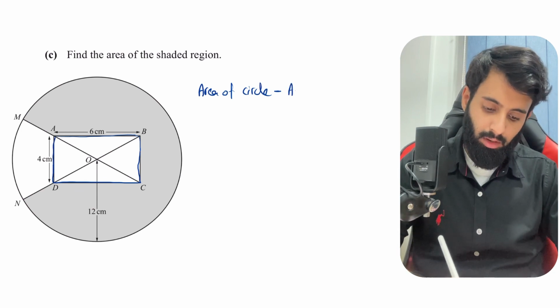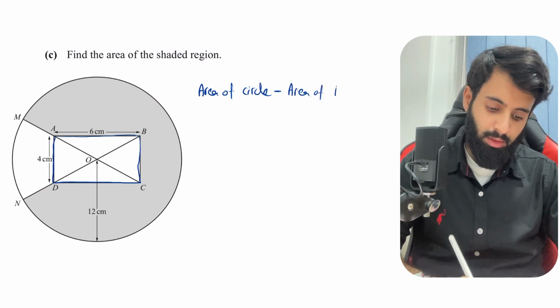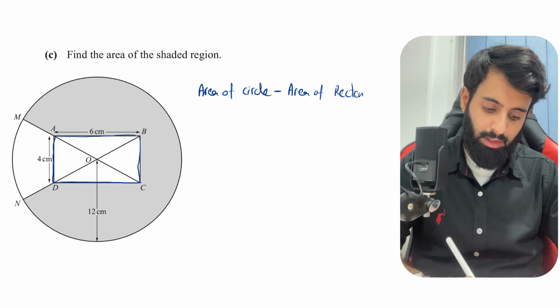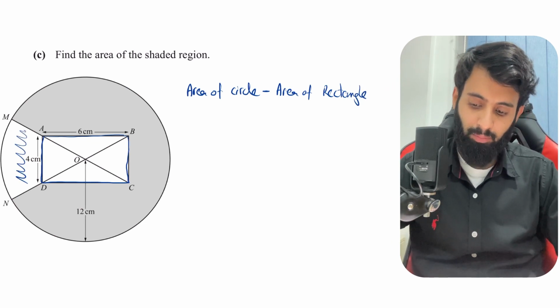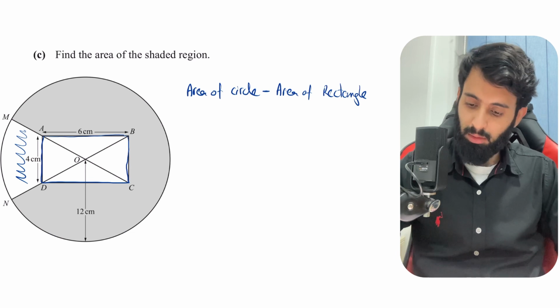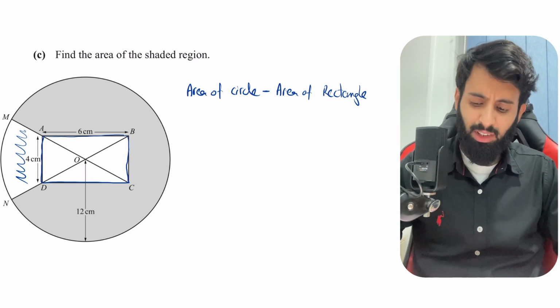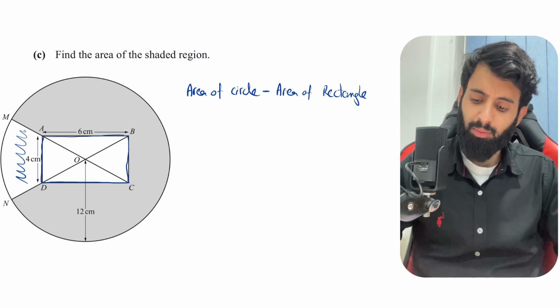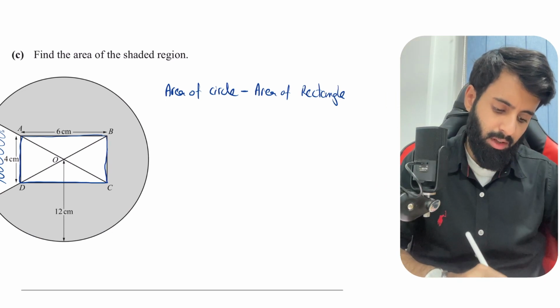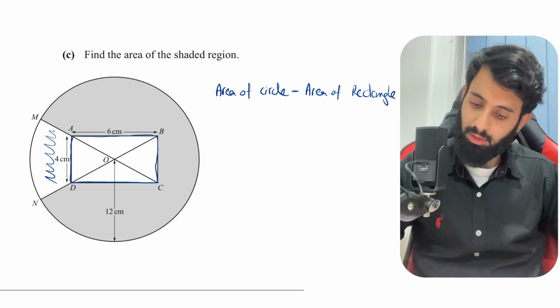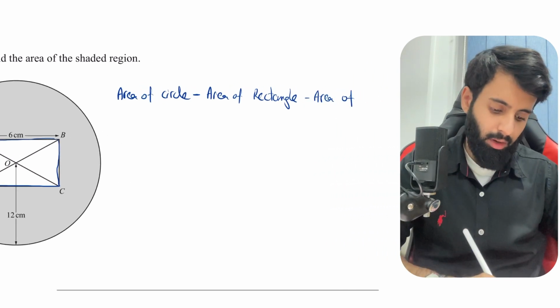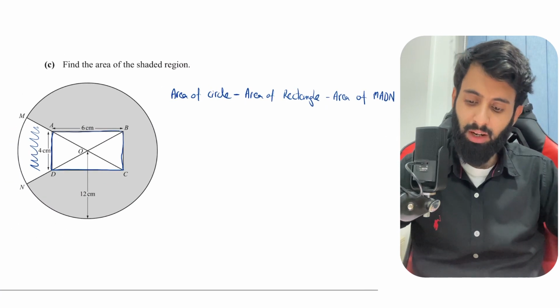That's still not going to be enough, because you need to subtract the area of this region. It's not exactly a segment, but you could call this minus the area of MADN. Whatever that is, MADN. So this is what we have to do in theory.